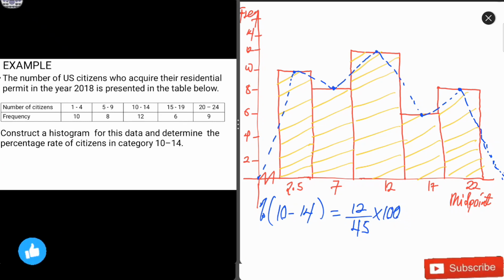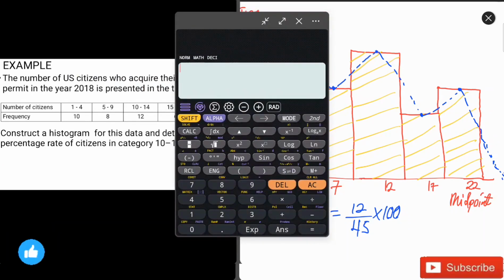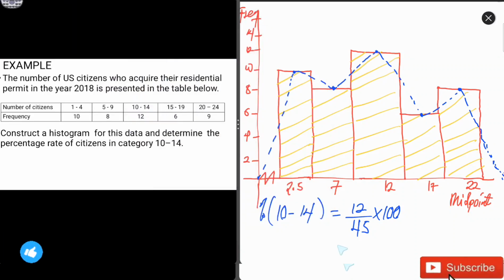So let's pick our calculator here. You have 12 divided by 45 and then multiply the result by 100%, and that should fetch you something like 26.67, approximately to 2 decimal places, or possibly if you want to round it as a whole, it becomes 27. So we can say approximately, to the nearest whole number, 27%.